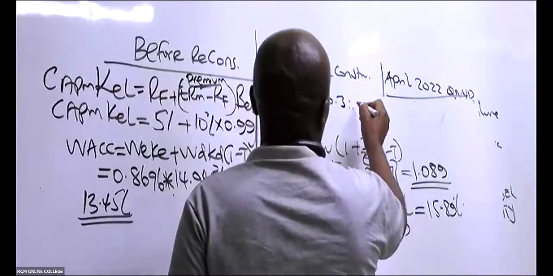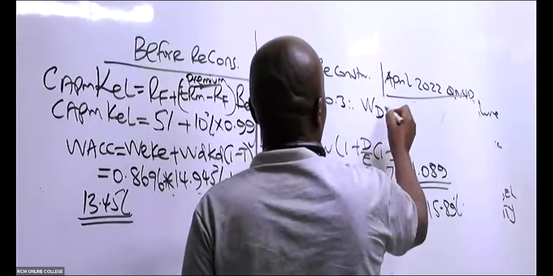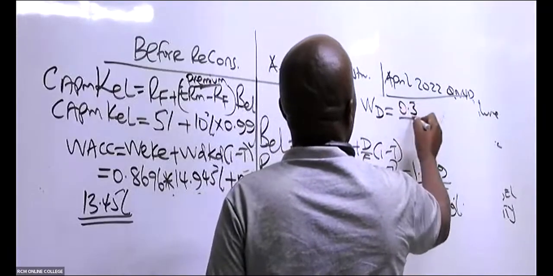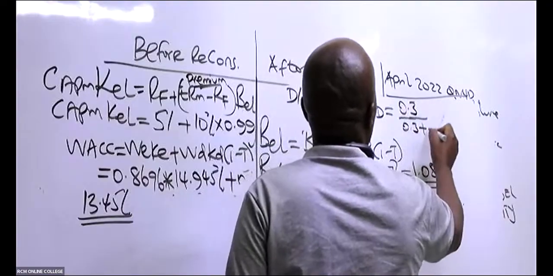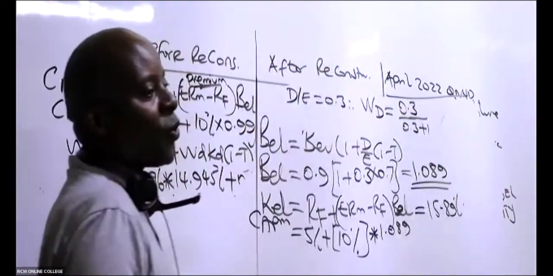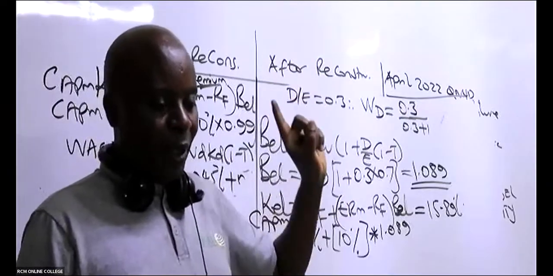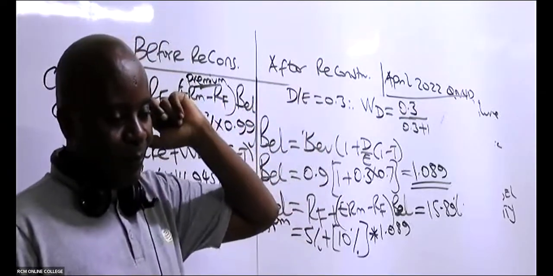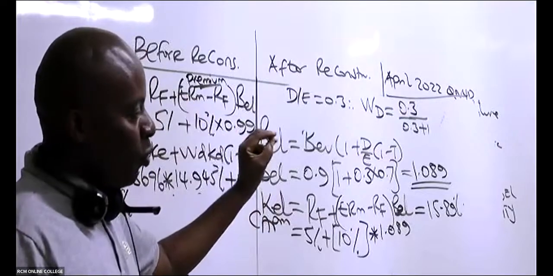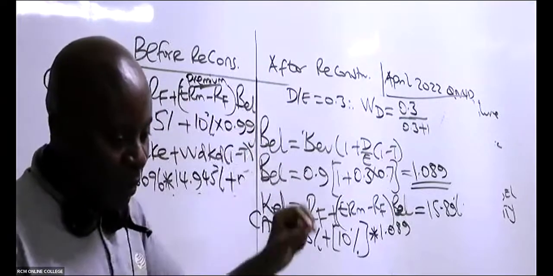Then I will easily give you weight of debt, which will be 0.3 divided by itself plus 1, which is the same as 0.3 divided by 1.3, which gives us what answer?